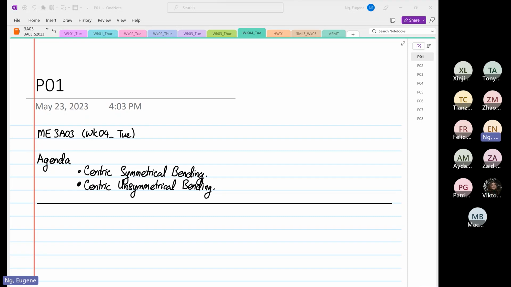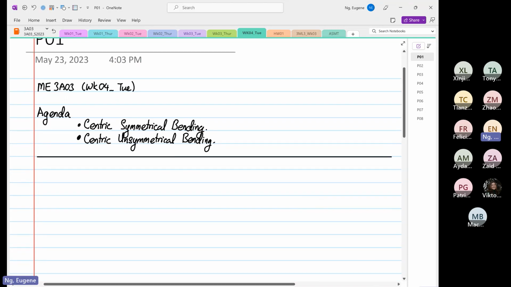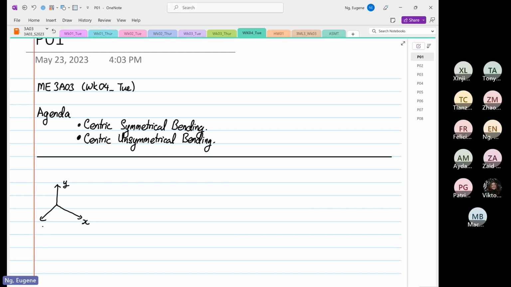And on symmetrical bending, usually the bending moment only acts on one axis. So just the general formula. If I were to draw my transformation, I'm going to sketch this in 3D. So if this is X, this is Y, and this is Z, and this is our structure over here.